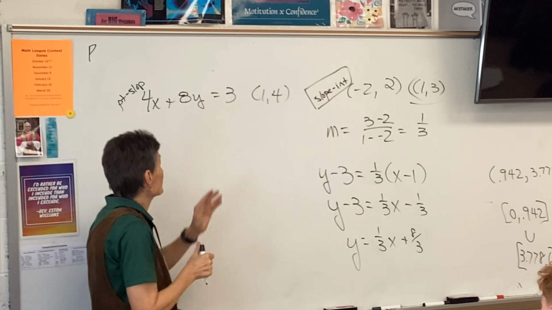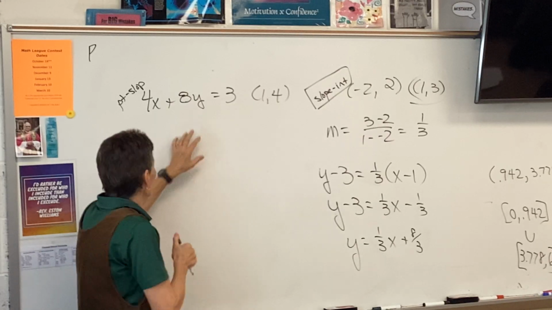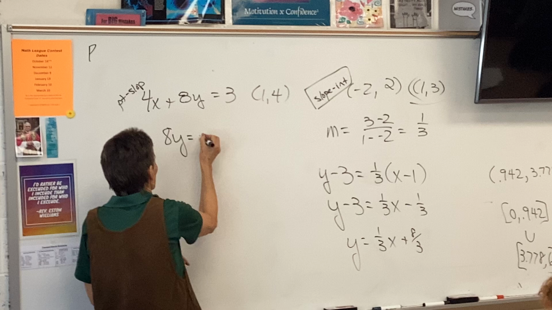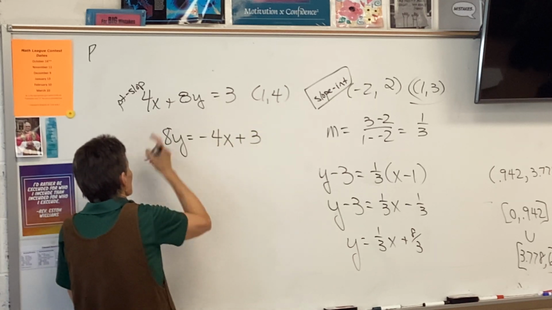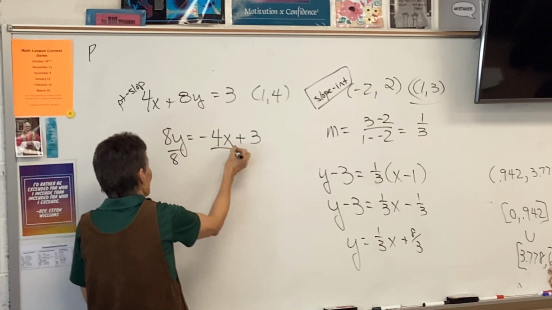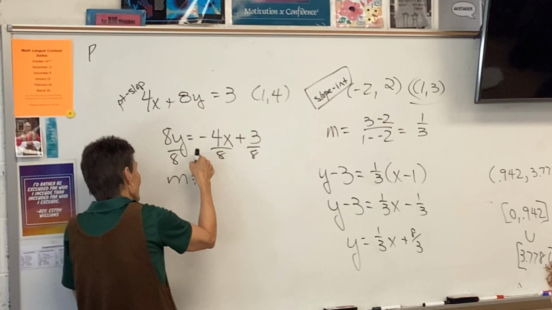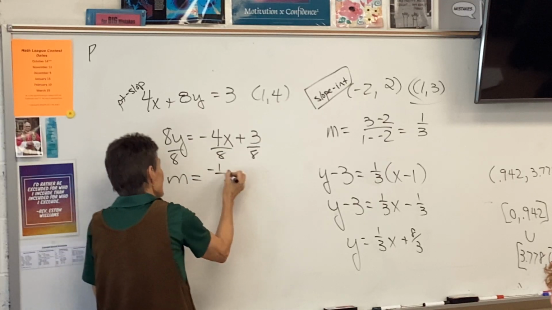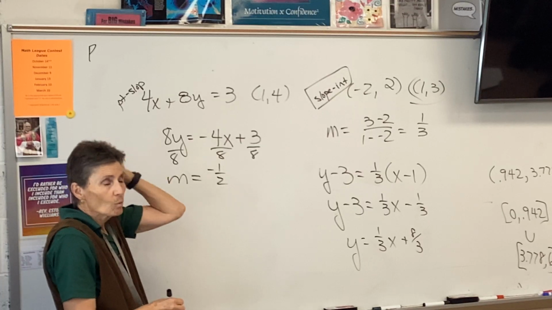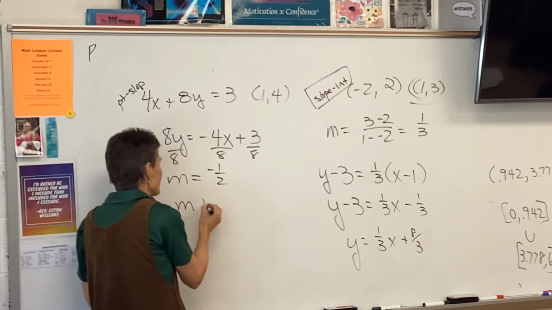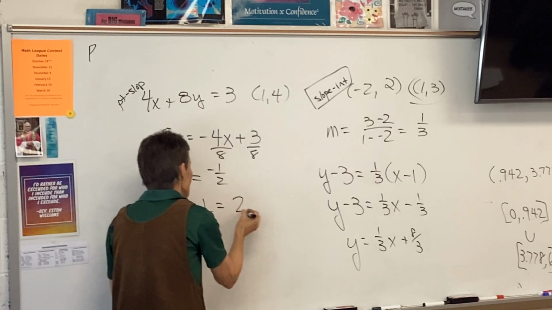So I need to find the slope of this. How do I do that? Get y by itself. And you gotta get y completely by itself. So I'll move the 4x, divide by 8. So the slope of the line they gave me is -1/2. Would you agree with that? Which means the slope of the perpendicular will be +2.